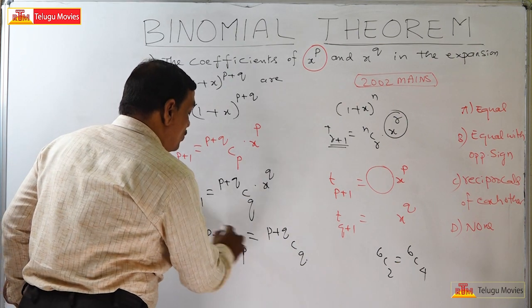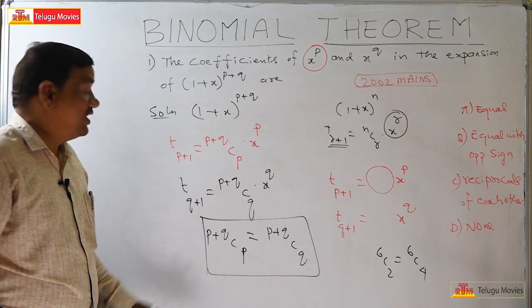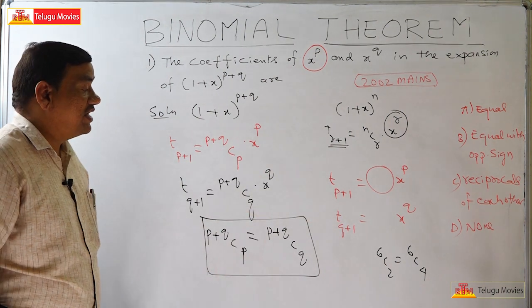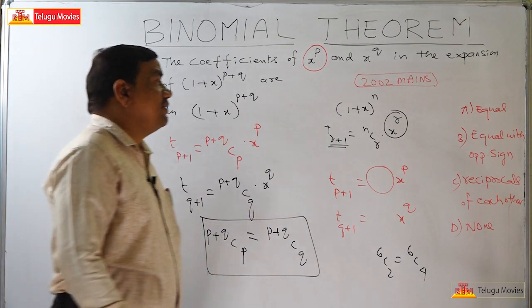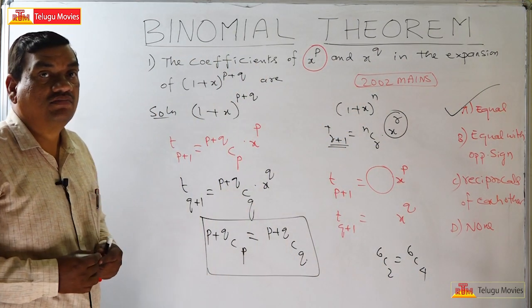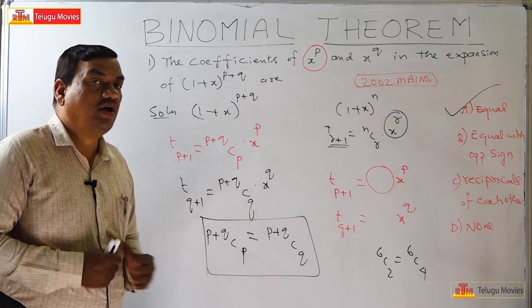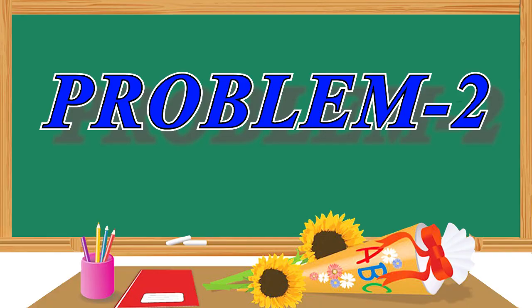That means these two coefficients are equal. (p plus q) C p is the same as (p plus q) C q, just as 6C2 is the same as 6C4. That means the coefficients are equal. That's all, a very logical problem. I hope you understand this solution. Let us move to the next problem.